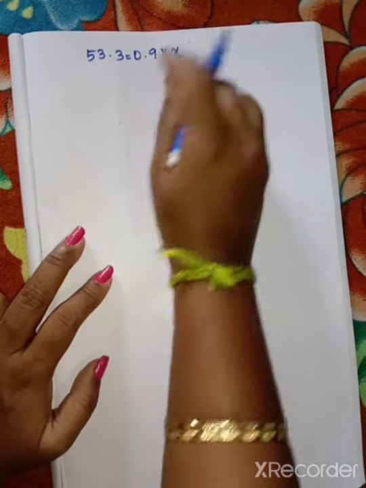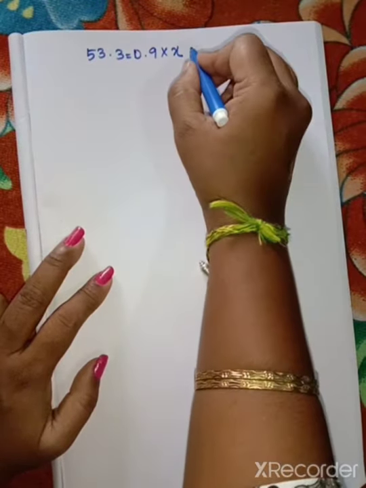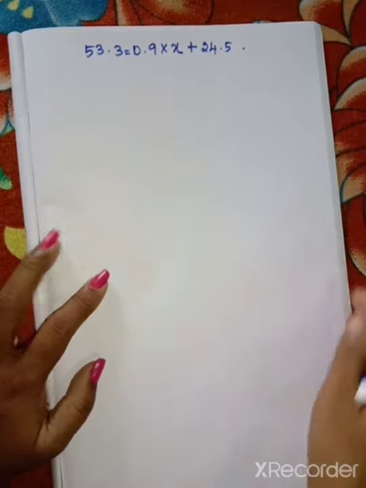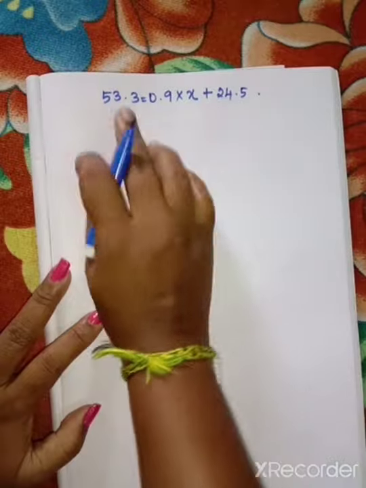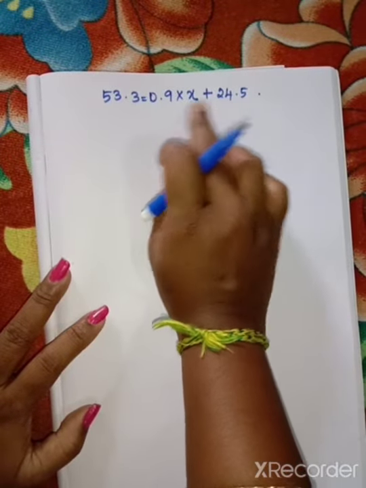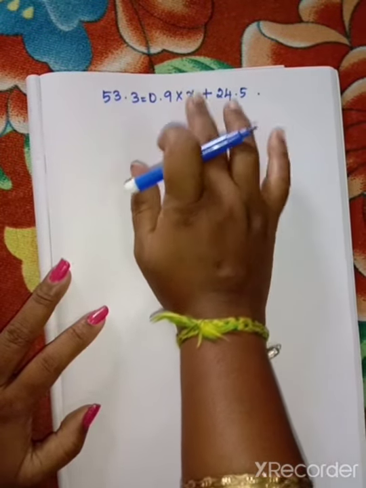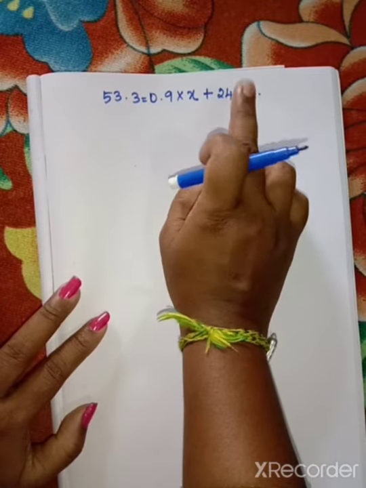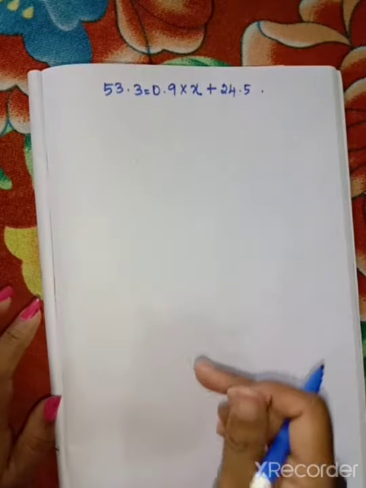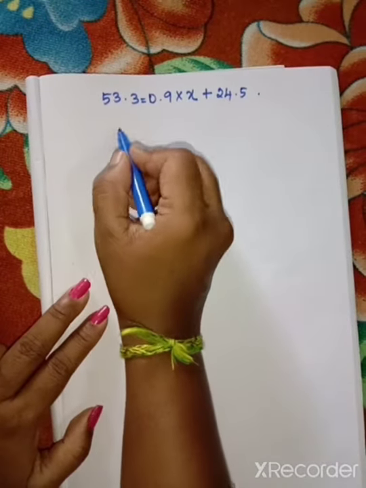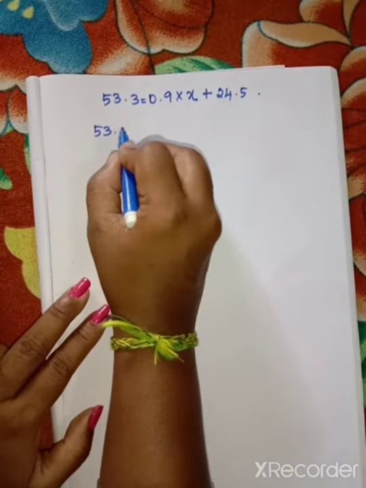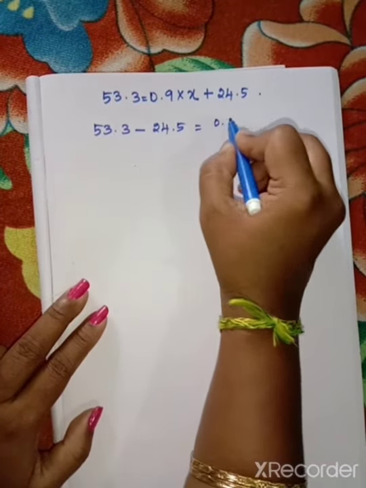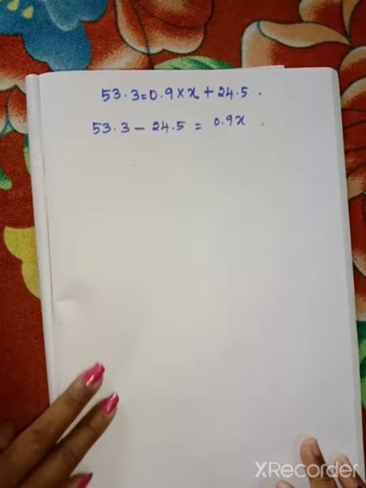X we don't know, so as it is, 0.9 x plus b, that is 24.5. Here we have the variable, so we don't multiply. The 24.5 moving to the left-hand side becomes minus. So 53.3 minus 24.5 equals 0.9 into x.